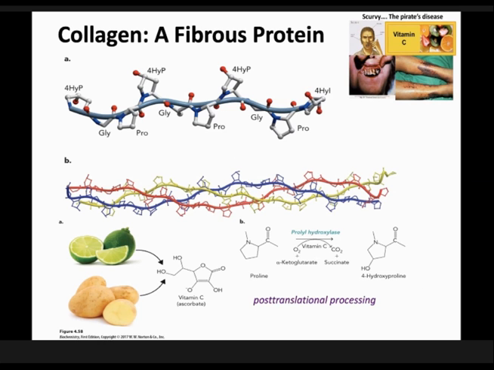Imagine it's basically the glue for many of the things in our body, the bones, etc. Proline is modified by proline hydroxylase. That means it will add a hydroxyl group, this OH group, and this is important for the conformation of the collagen itself.